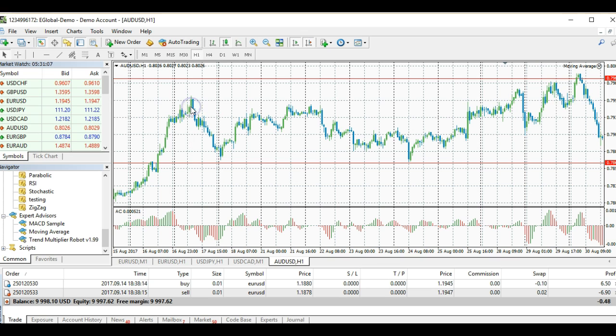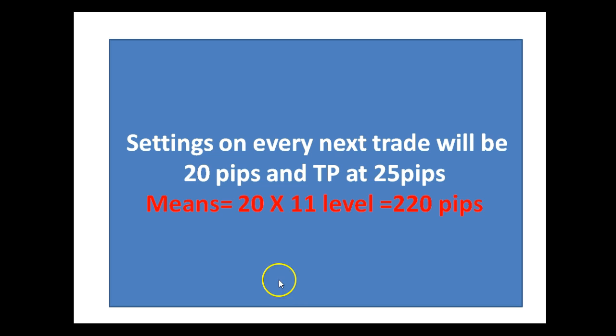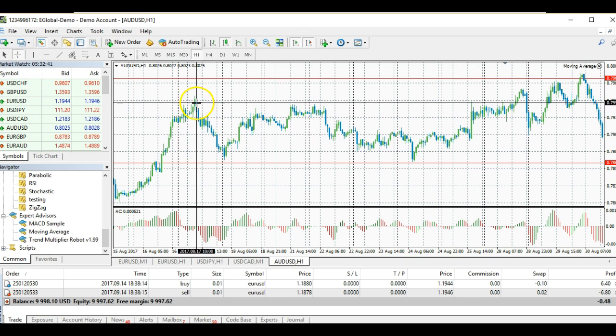All right. So remember that our settings here is 20 pips next trade, and you need to return back with 25 pips, right? So we will check in our MT4 whether there is a 25 pips reverse. If you check it over here, so okay, that is 25.